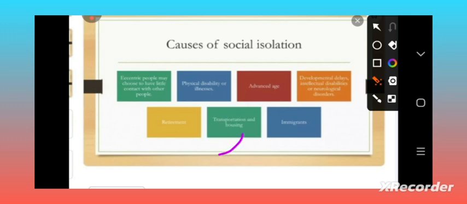Transportation and housing: lack of accessible transportation or living in isolated housing can restrict social contact. Immigrants, individuals who have moved to a new country, may lack an existing social network and face language or cultural barriers.